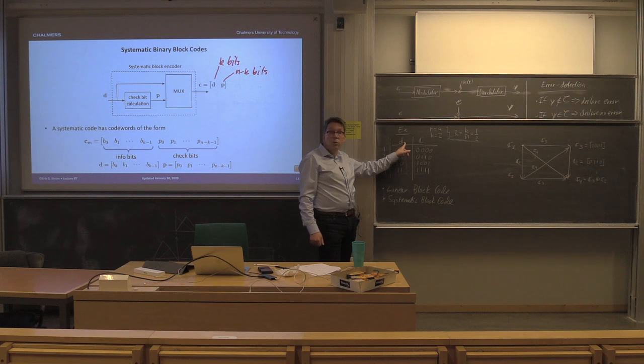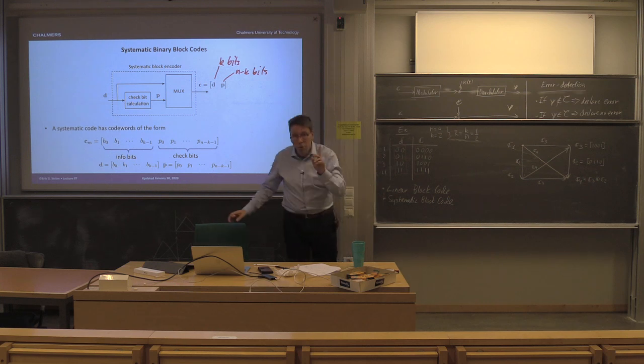And then 2 to the power of 8,000 is a humongous number, right? So we can never construct that table. So we need a more efficient way of checking whether this received 12,000 bits or 8,000 bits, whatever, is a code word or not. And we'll talk about a few things on how to do that.